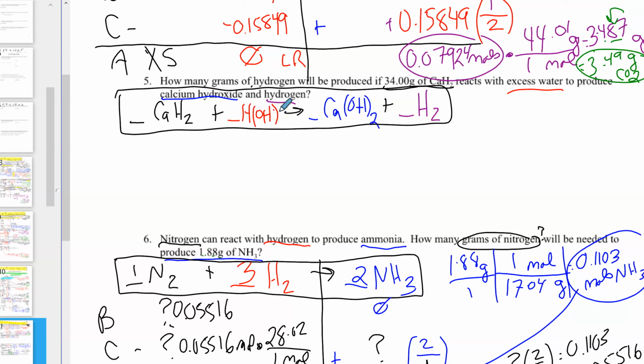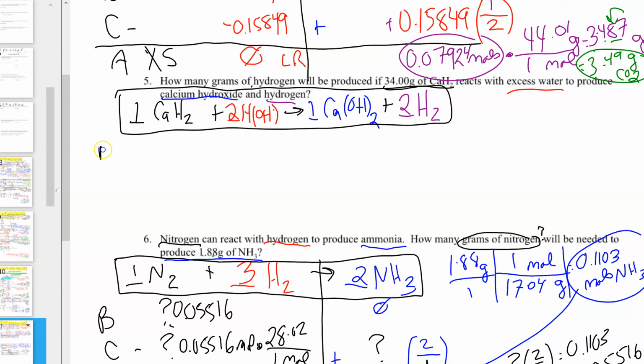Now I can see right here, first off, I have 2 hydroxides. I need to get 2 hydroxides. Okay, that makes the hydroxide good. There's 1 calcium, 1 calcium. That seems fine. Now we can focus on the hydrogens. H2, now just the H2 here because I've already balanced the OH, so H2, that's 4 hydrogens. Put a 2 in front, that gives me my 4 hydrogens. We are all balanced and fill in a 1.